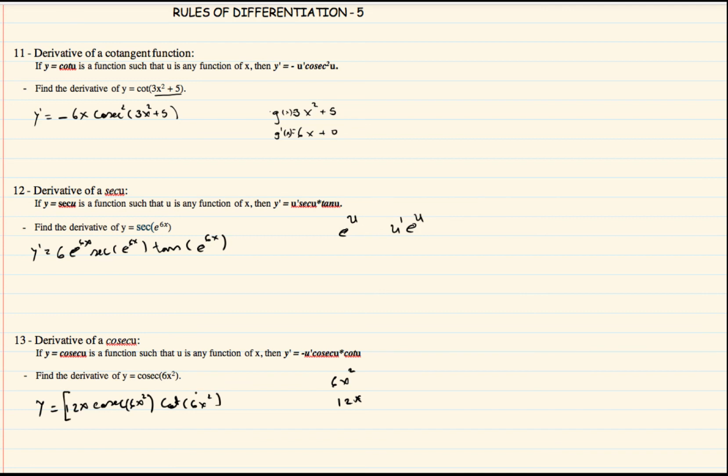All this is multiplied by minus 1. So our y dash is equal to minus 12x cosec 6x squared cotangent 6x squared, and it's done.